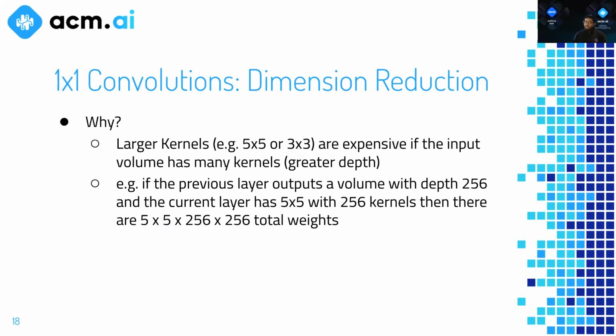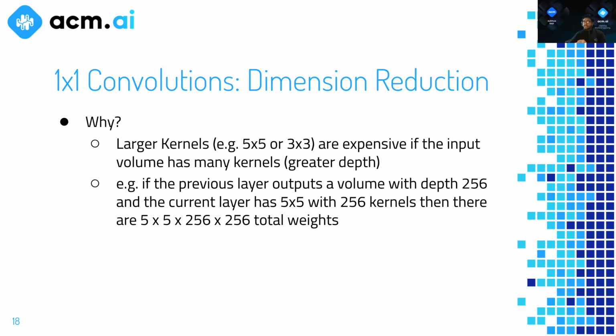That involves a much larger training time, and a lot more calculation is required. So let's take, for example, an input volume of 500 by 500 by 256. Your input volume depth is huge.